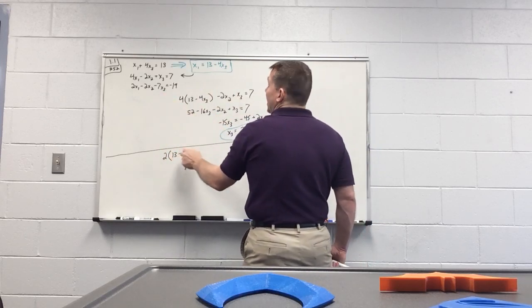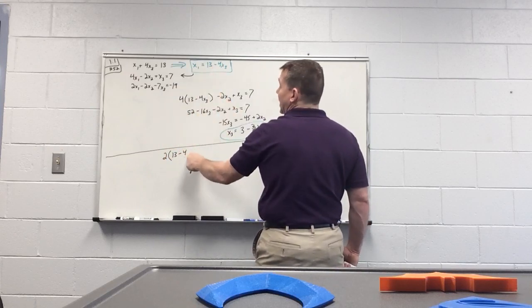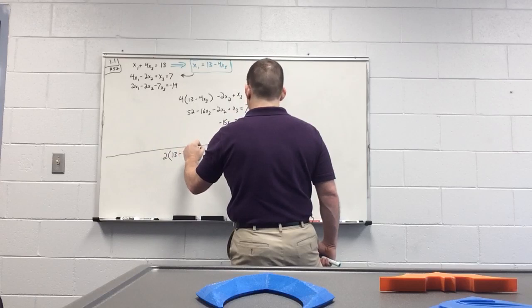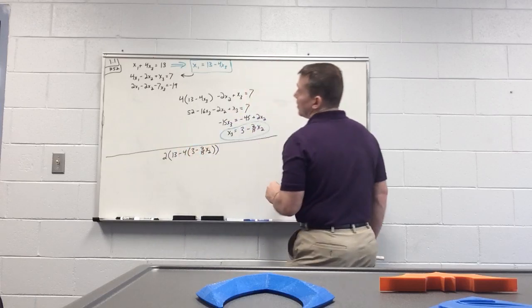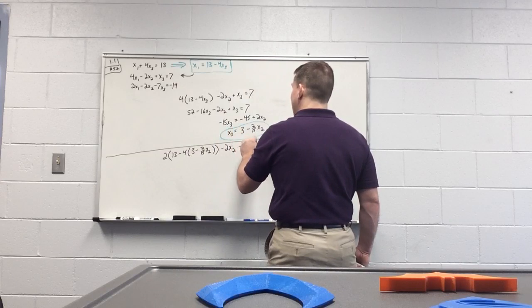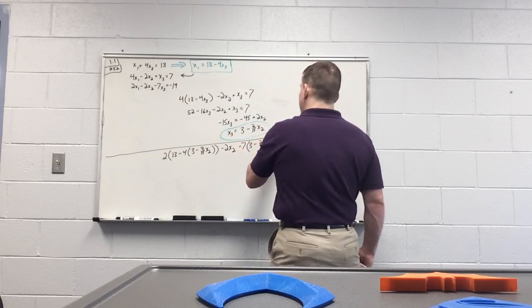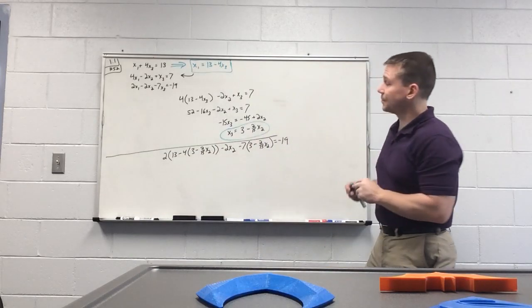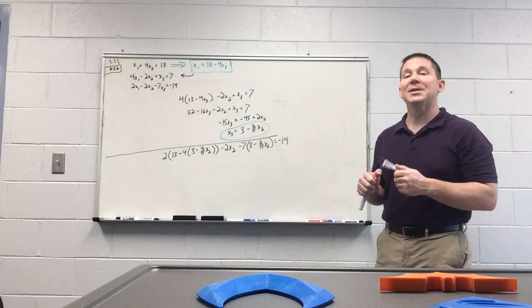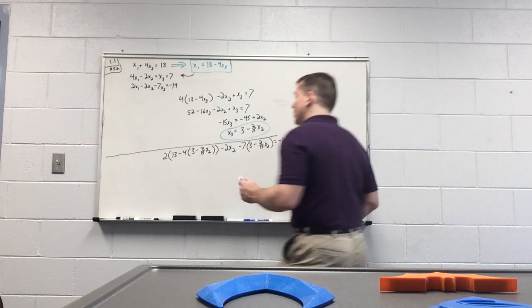So 2 x sub 1, which is 13 minus 4 x sub 3, and x sub 3 is 3 minus 2/15 x sub 2, minus 2 x sub 2, minus 7 x sub 3, which is again 3 minus 2/15 x sub 2, is equal to negative 19. And now, while it's messy, it's still one equation, all in terms of x sub 2.